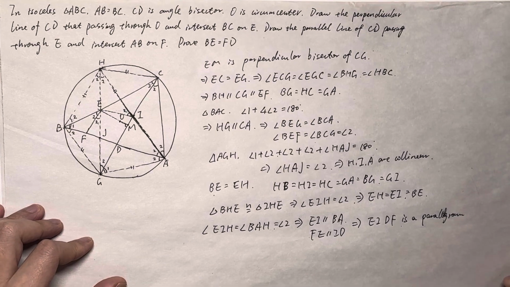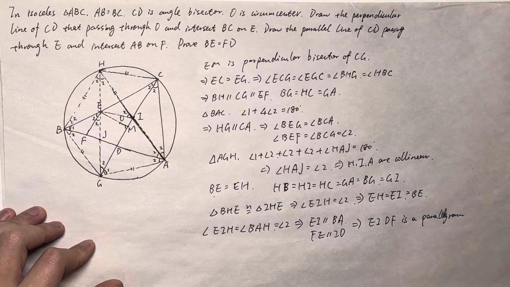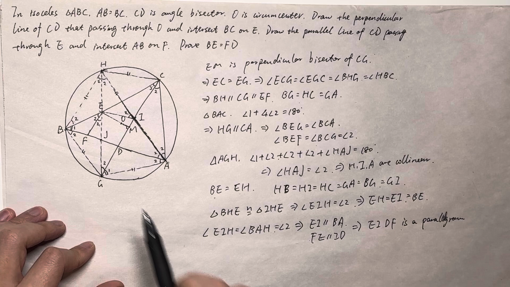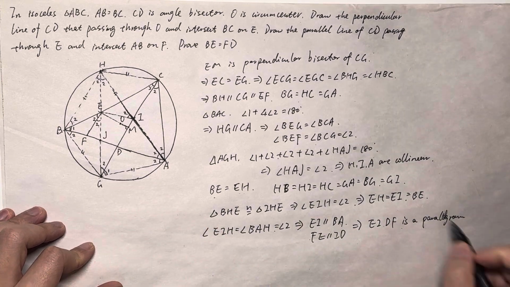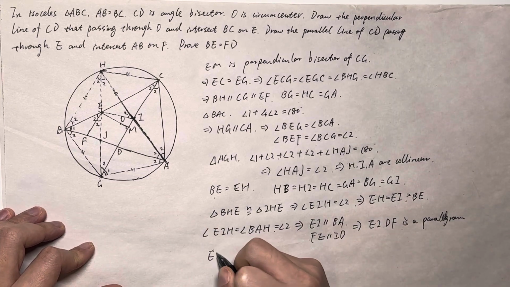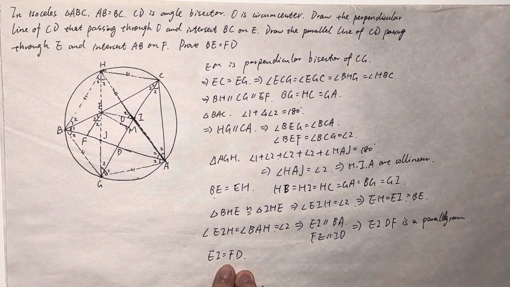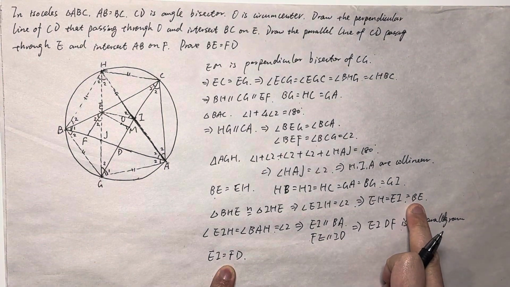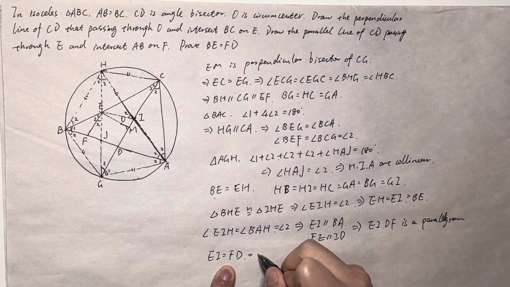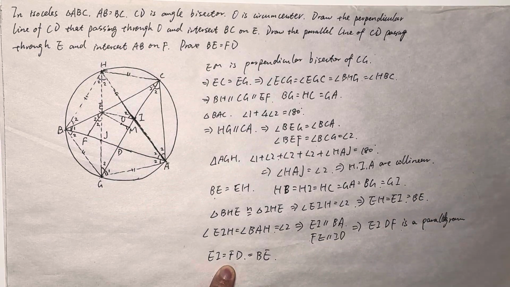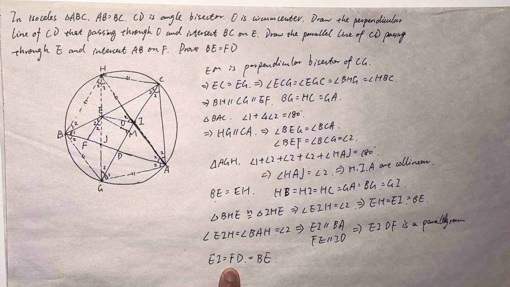In that case, we know that EI equals FD. And because we already know EI equals BE, FD equals BE.